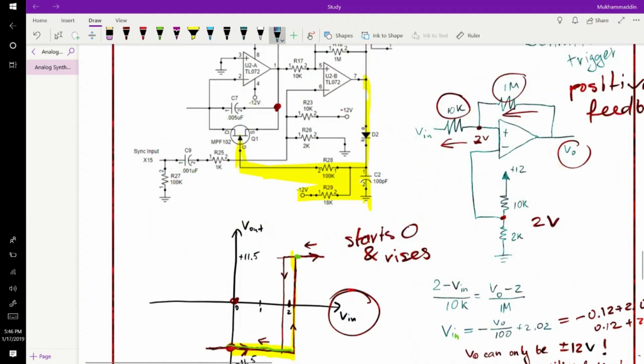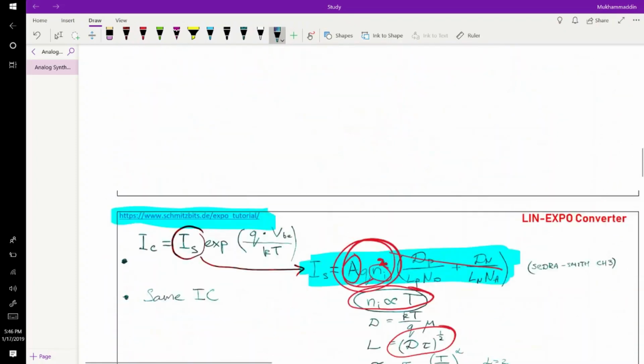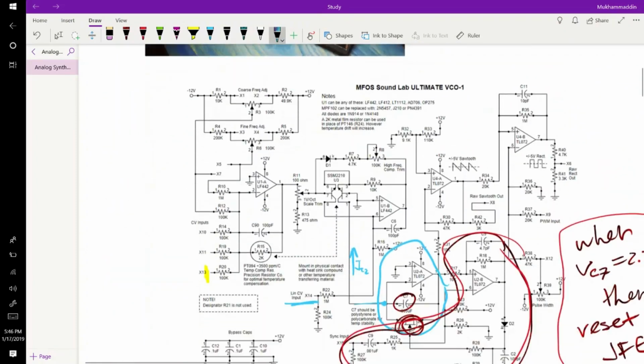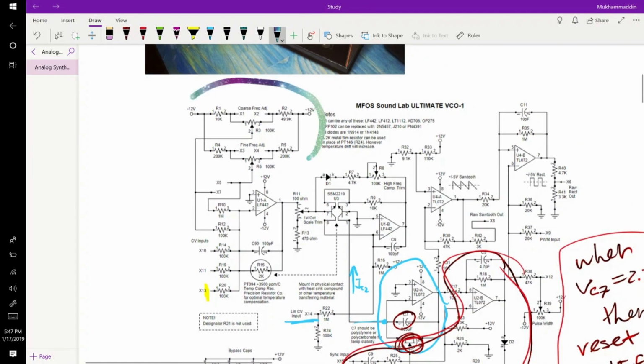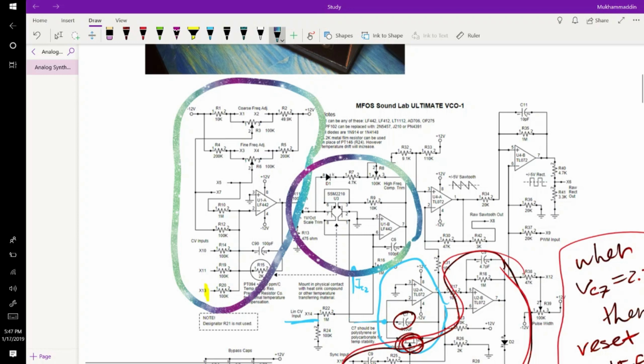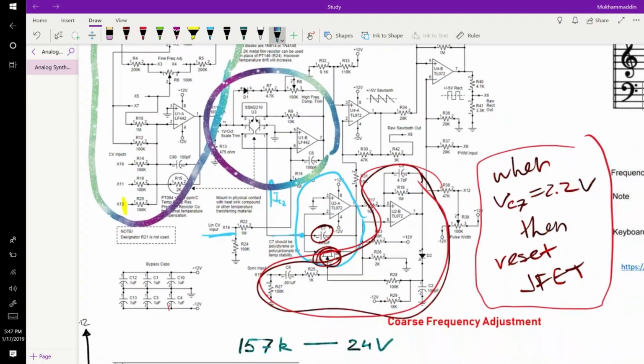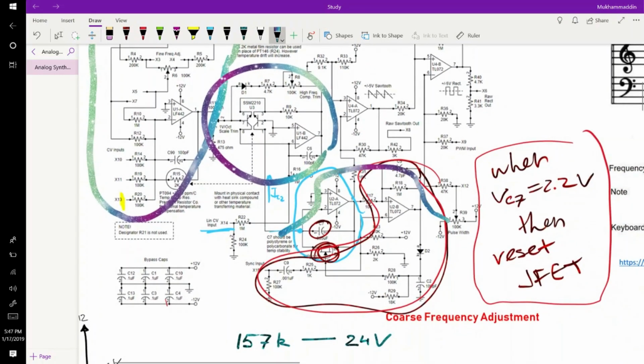In the future, so for now, we only talked about these parts of the circuit. We talked about the frequency adjustment and summing, the linear to exponential converter, and also about creating oscillations with the controlled frequency.